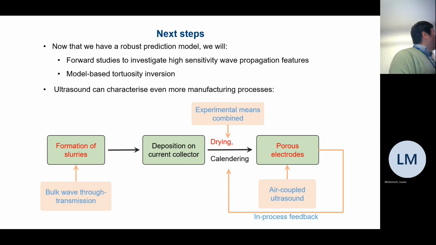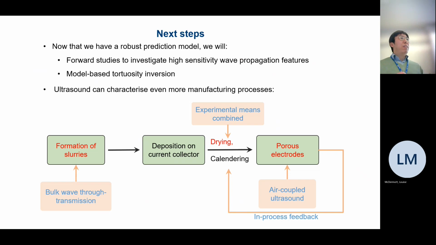And if we succeed in developing porous electrodes, we can do either end: first on the slurries and then on the porous electrodes, and we can do it in the middle of the drying process as well. So how the slurry coated on the metal layers is drying and ends up as porous electrodes.